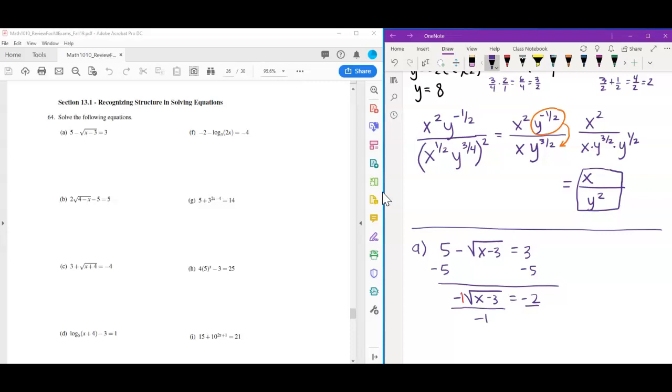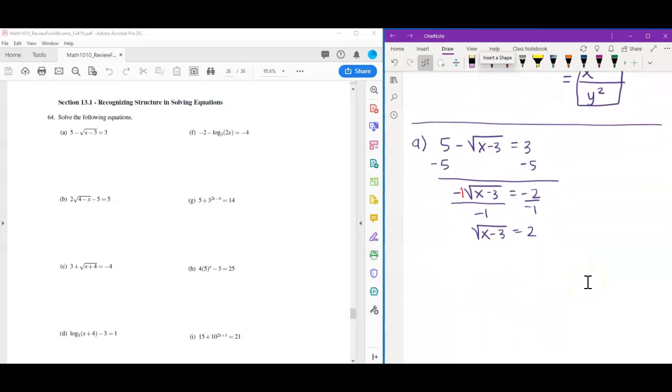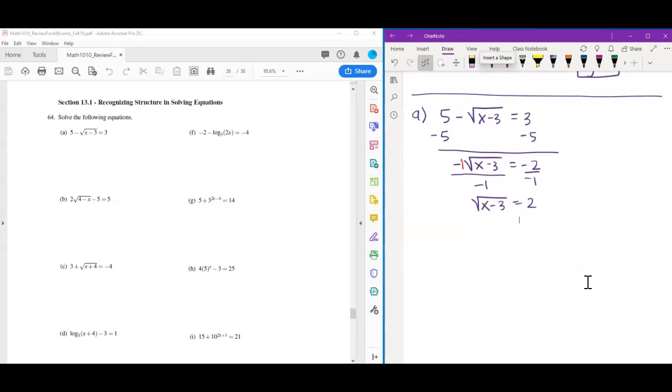So we've got the square root of x minus 3 equals 2, and to undo square rooting something, we square both sides. That crosses out, and we're left with x minus 3 equals 4. Then we add the 3 over to the other side, so x equals 7.